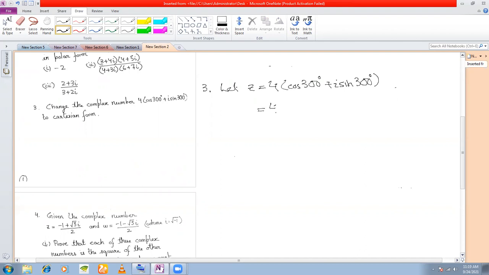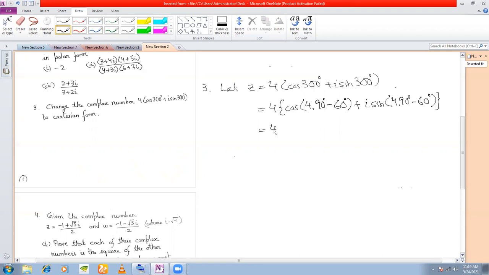If you try to write it in multiples of 90 degree, you write this as 4 into 90 degree minus 60 degree as an even multiple, because you want to calculate this angle. So 4 (cos (4 into 90 degree minus 60 degree) plus i sine (4 into 90 degree minus 60 degree)).